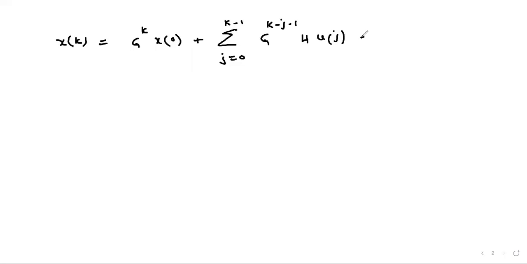Our x of k can be generalized to be equal to G power k x of 0 plus the summation of the terms from j equals 0 to k minus 1 of G power k minus j minus 1 multiplied by H u of j, where k is 1, 2, 3, all the way to infinity.